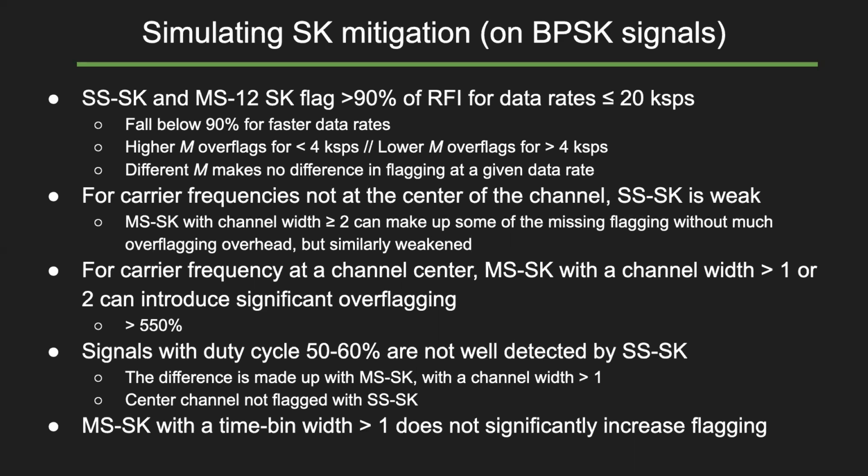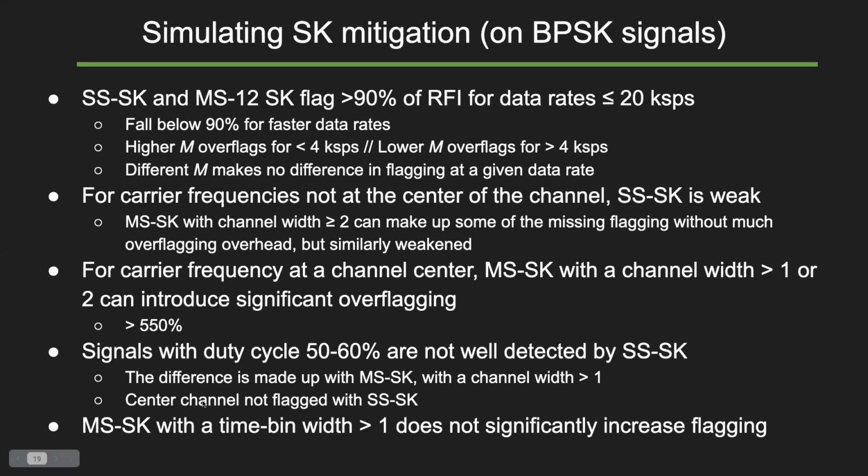So it's perhaps a little bit strict, but we can make it work. And again, signals with duty cycle around 50% are not well detected by single scale kurtosis. But as long as we have multiscale with a bin channel of more than one, you can definitely make that up without too much overflagging overhead.